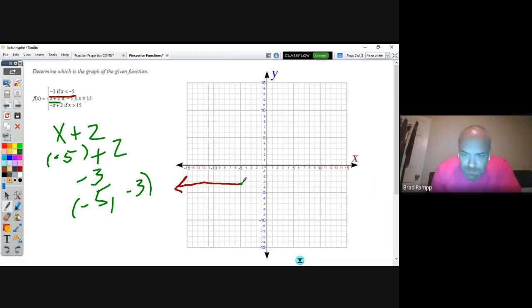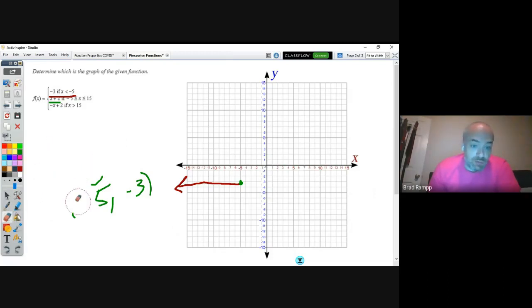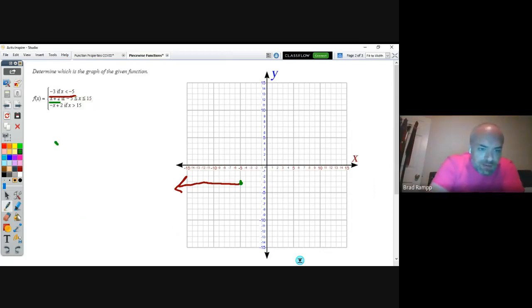And we know you can use the slope, which is 1, go up 1 over 1 until you get to +15. But let's just find out what the final output is when we go to +15. Again, the same function, x plus 2. This time, x is 15.